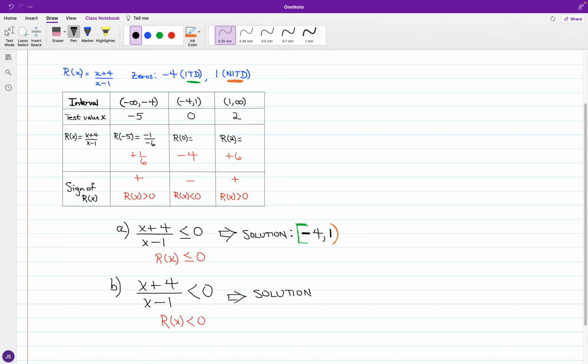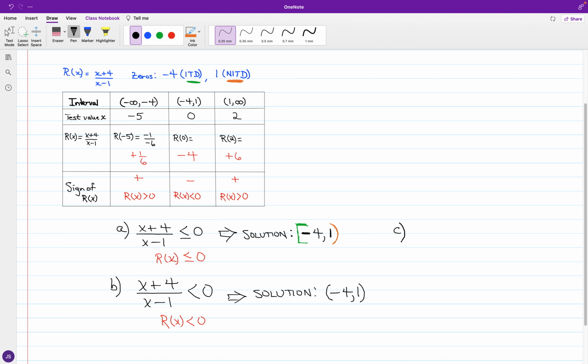And for the solution, because the inequality does not have the equal sign, we're automatically going to have the use of parentheses exclusively. So where r of x is less than 0, we have both -4 and 1 to show up again, and this time we only use parentheses to surround those values.